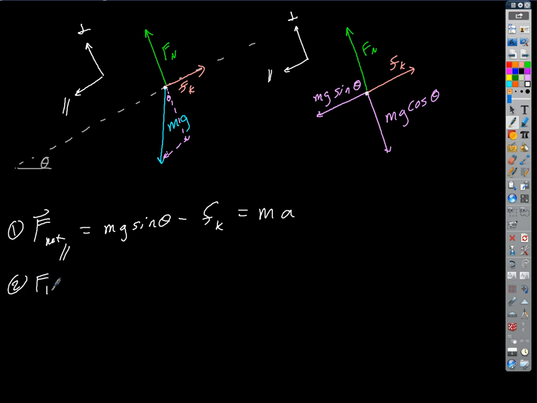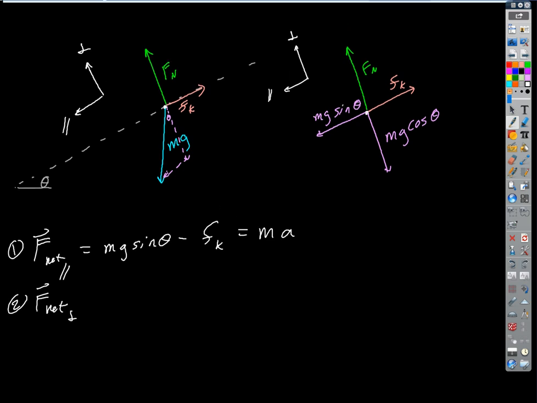Now what about the perpendicular components of the net force? What's a positive one? Normal force. Negative mg cosine theta equals 0, because there is no perpendicular acceleration, right?